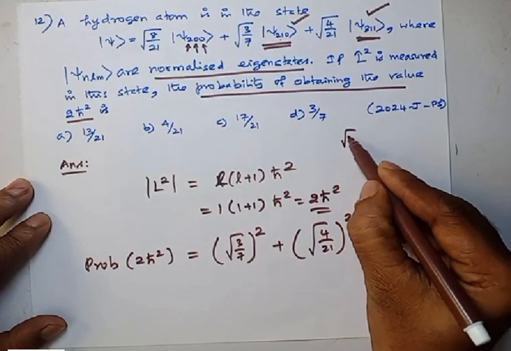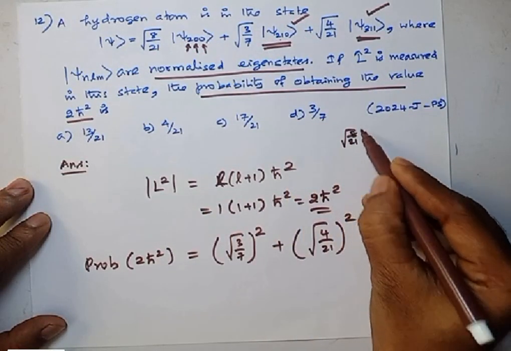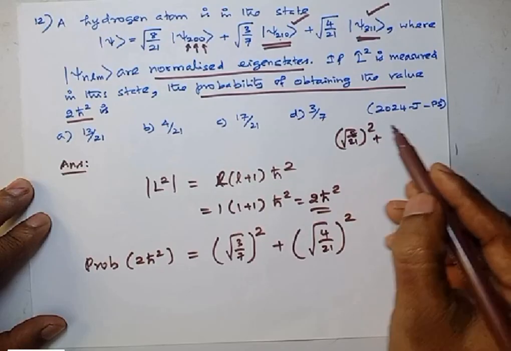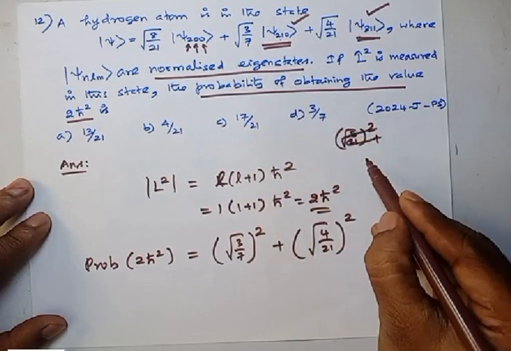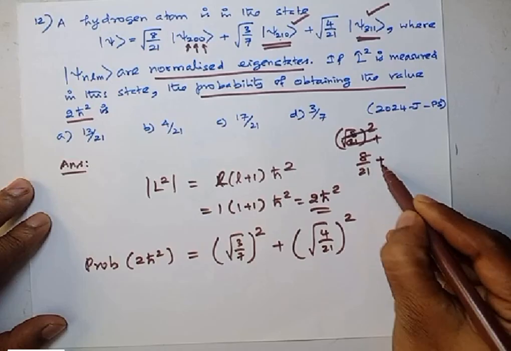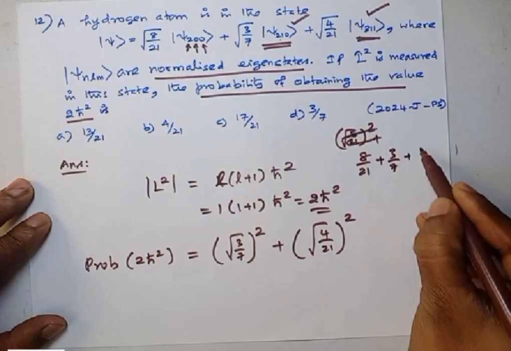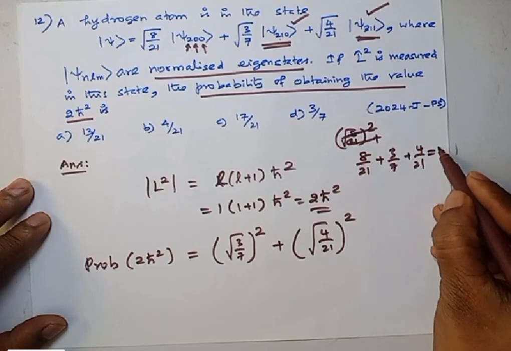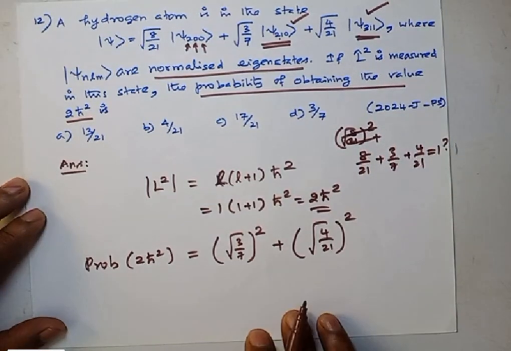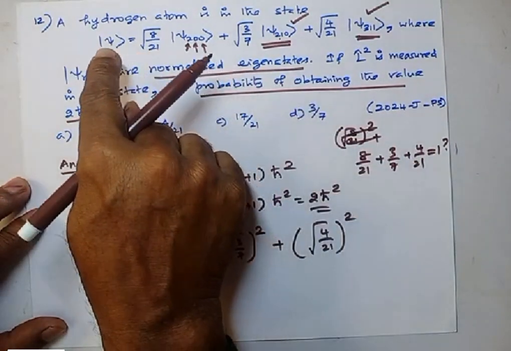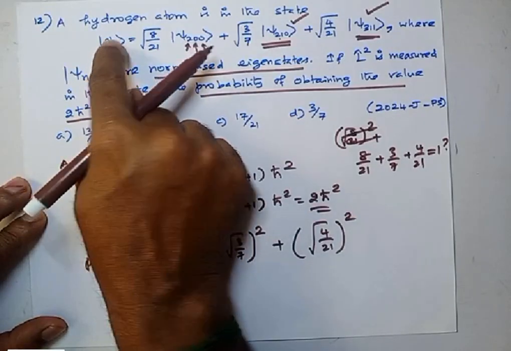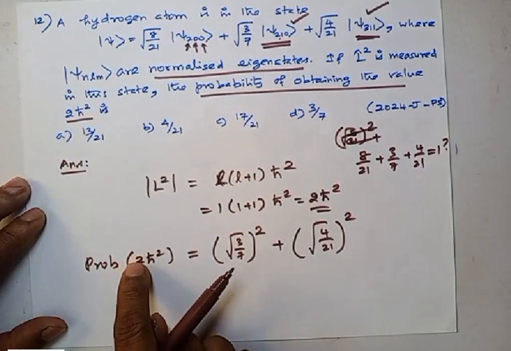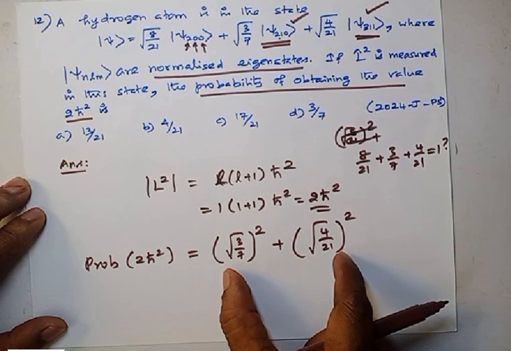Square root of 8 by 21 squared gives 8 by 21, right? 8 by 21 plus 3 by 7 plus 4 by 21. I'll leave it to you. Check whether this value is equal to 1 or not. If it is, then this is a normalized state. If it is a normalized state, then we can find the probability directly using this.